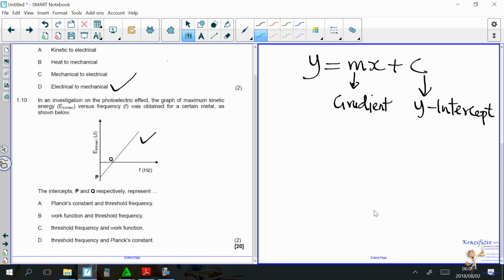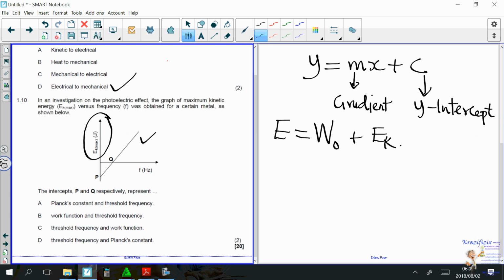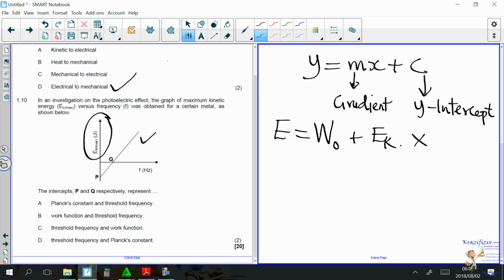Now, what is the formula? This is the photoelectric effect. The formula that needs to come to your mind is E equals work function plus kinetic energy. Go to your formula page, you'll get this. Kinetic energy is on my y, so I need to rearrange this equation to look like y equals mx plus c. Let's make kinetic energy the subject.